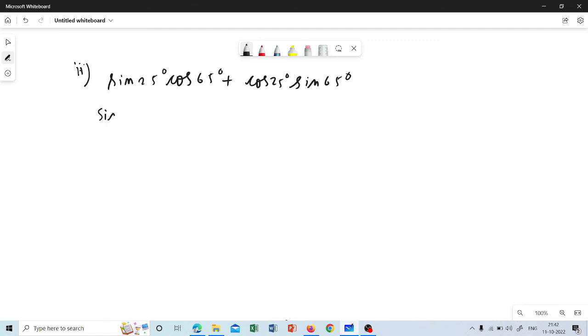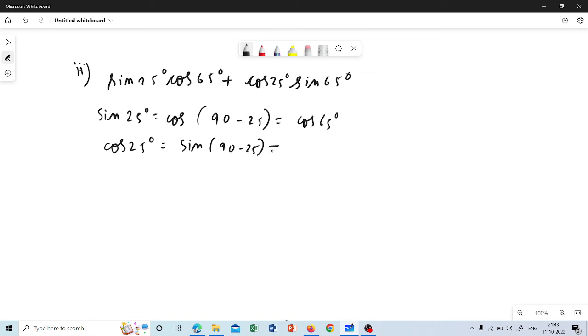I'll write sine 25 as cos of 90 minus 25, which is nothing but cos of 65. Similarly, I can write the right-hand side: cos 25 is equal to sine of 90 minus 25, which is equivalent to sine of 65.